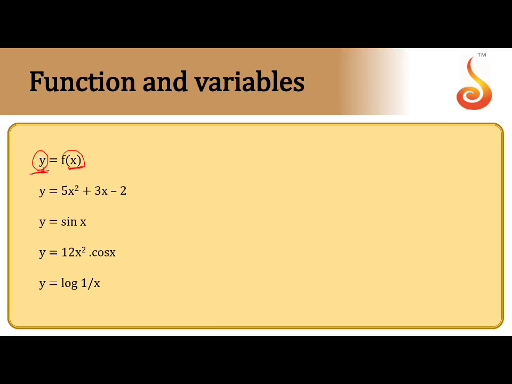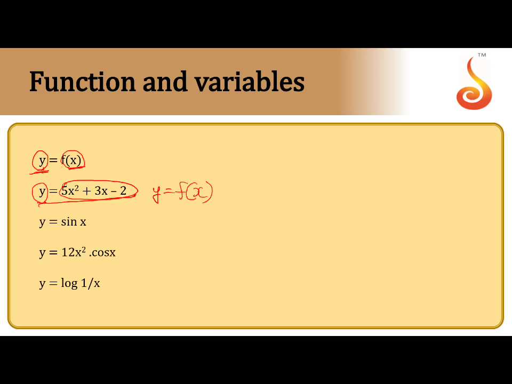As x changes, the value of y changes. How does it change? In this particular equation, the value of y changes with x according to this relation. Here, y is a function of x.